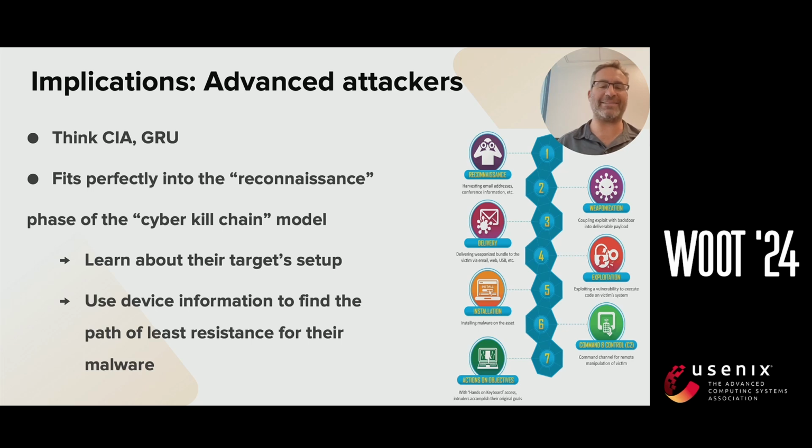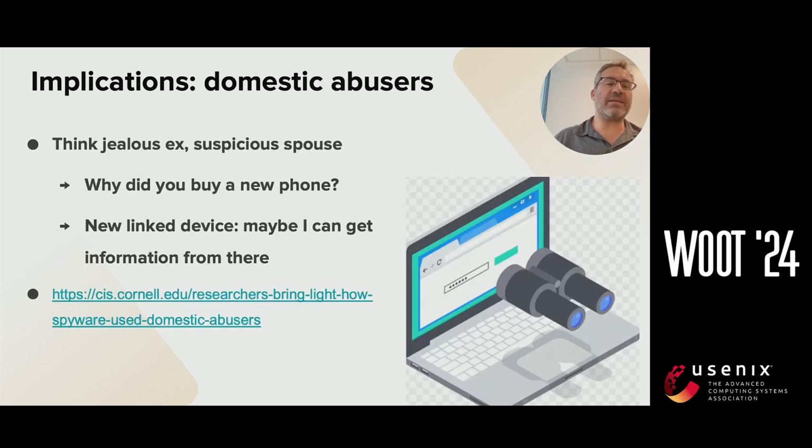So why go against the hard target of a fully patched iOS device when you can, as an attacker, go against a softer target of, let's say, a Windows PC with a Chrome browser or something like that. But it's not limited just to advanced attackers. Okay, maybe you would say, I'm not a target of the CIA, maybe I shouldn't be worried. But domestic abusers can also abuse that.